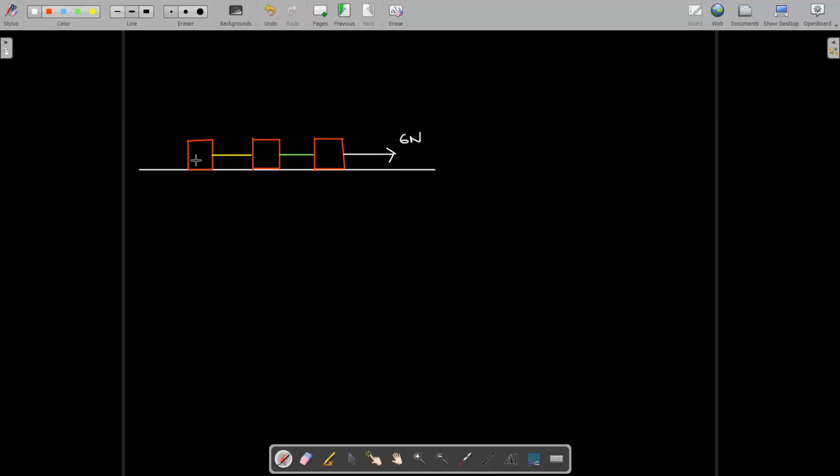The masses, let's say this is a 2 kg one, this is 1 kg, and this is 3 kg. So what I want you to find out is, first, the acceleration of the blocks, and second, the tension in both the strings. There will be a tension in one string and another tension in the other string.